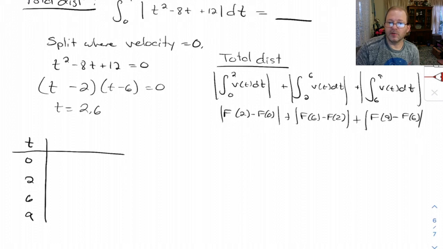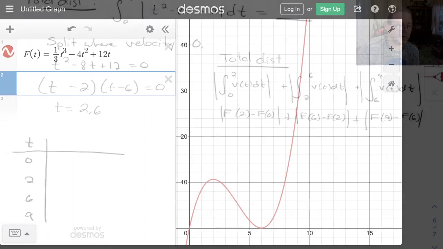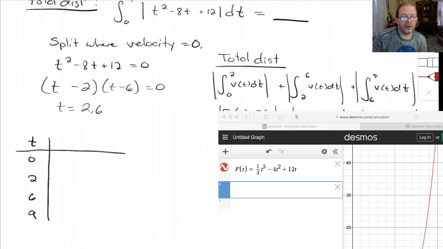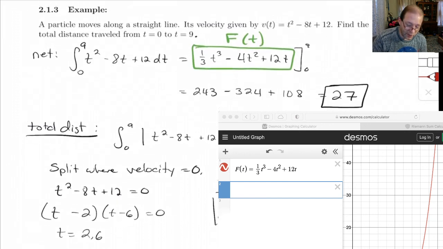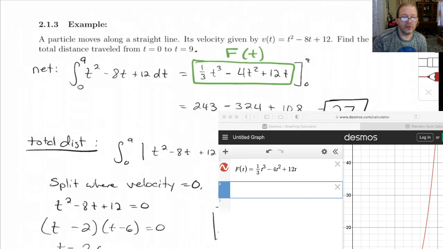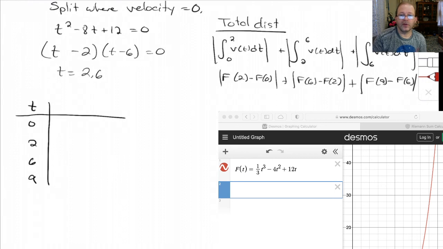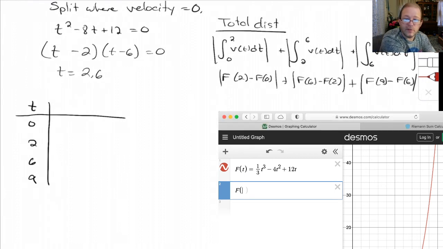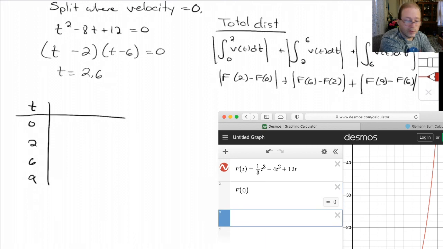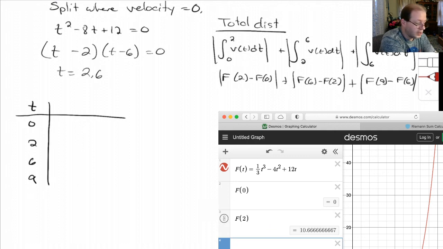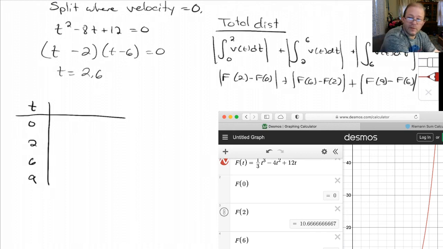And I'm going to use Desmos to do those calculations for me. I've already got big F entered into Desmos. So I'm just going to use this to compute F of 0, F of 2, F of 6, and F of 9.